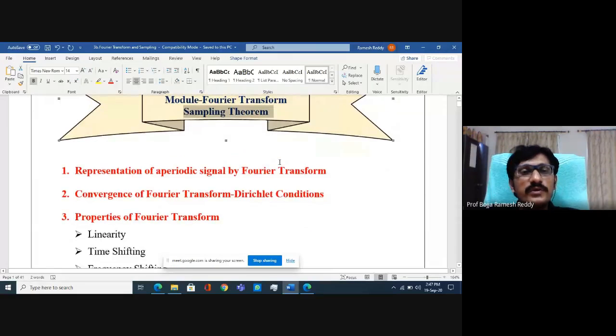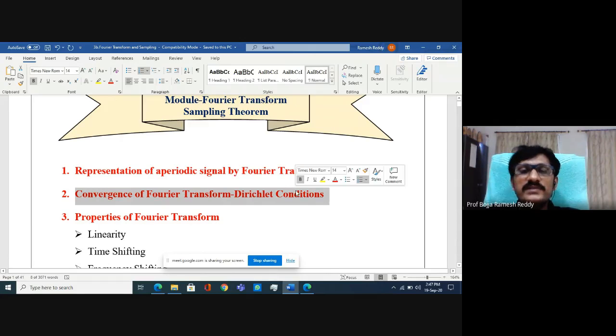This module includes different topics like representation of aperiodic signals by Fourier transform. Mainly, Fourier transform is used for aperiodic signals as well as periodic. We'll see separately how to represent aperiodic signals by Fourier transform. Then convergence of Fourier transform. What are the restrictions for a signal to evaluate Fourier transform? We cannot apply Fourier transform to every signal.